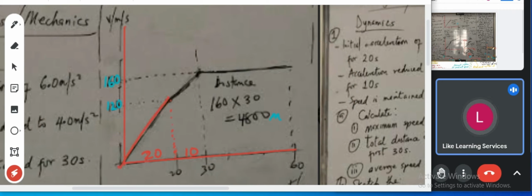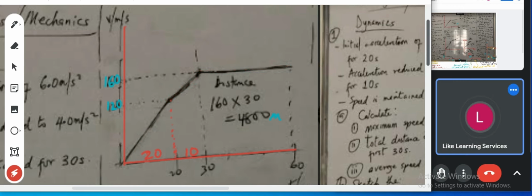By the way, what does this represent in a velocity time graph? Acceleration. What kind? Constant acceleration. The first stage is a higher constant acceleration, the second stage is a lower constant acceleration, and the last stage is constant speed.